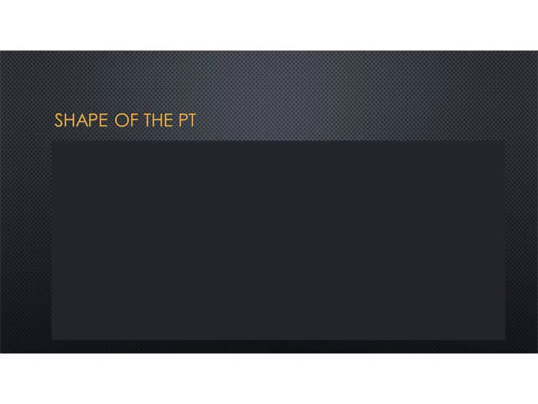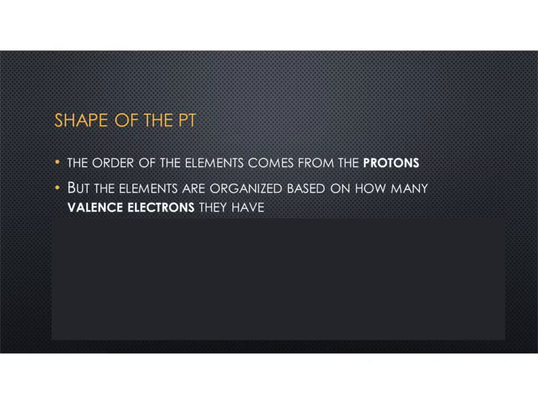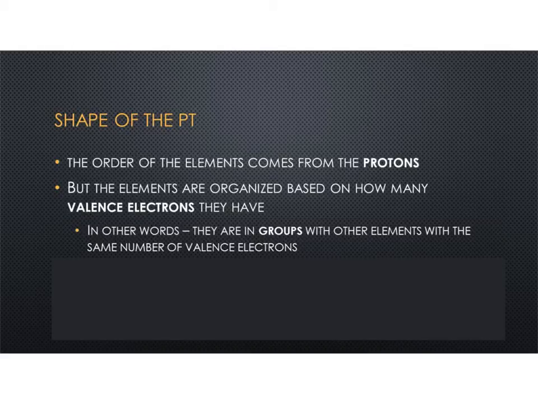Then why is the periodic table shaped like that? Why isn't it one big square or rectangle? Well, the order of the elements comes from how many protons each one of them has, but they're organized based on how many valence electrons they have. In other words, they're put into groups with other elements based on the number of valence electrons.